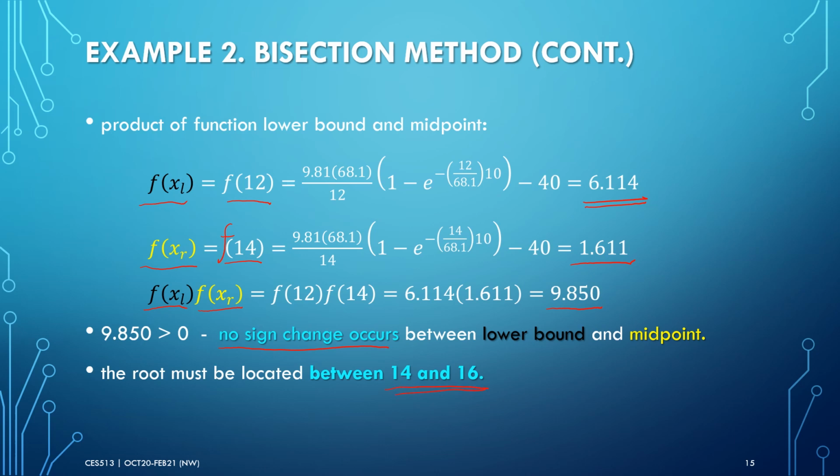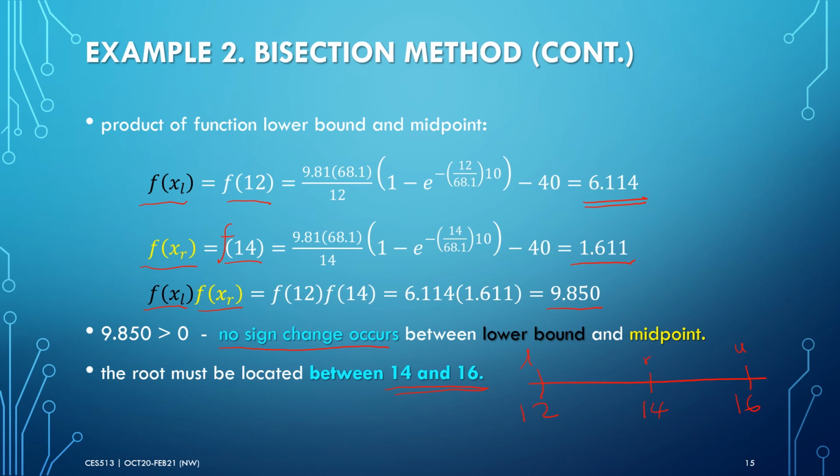So it's like this. We have the lower bound of 12 and the upper bound of 16, and then we have the estimated root of 14. So this one is the lower bound, upper bound, and the root.